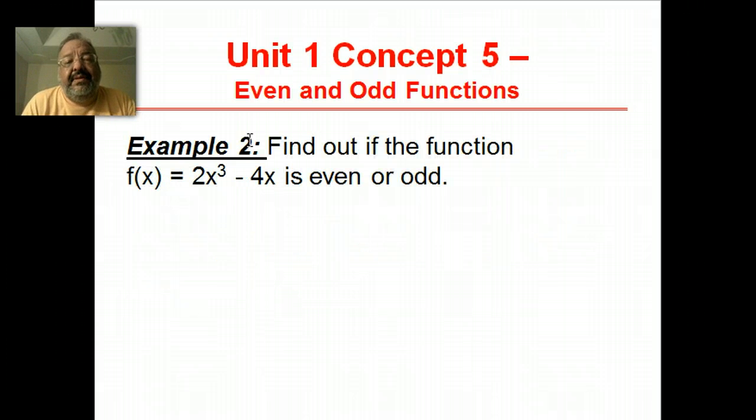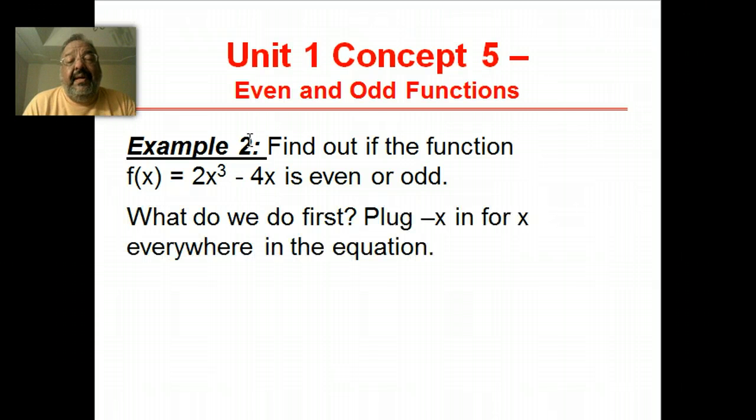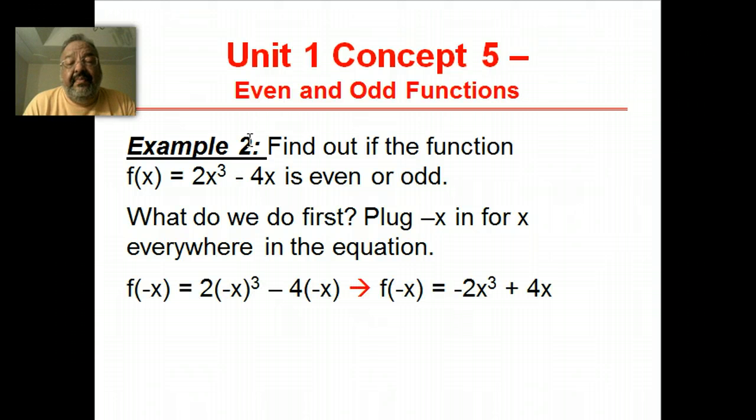For example 2, find out if the function f of x equals 2x cubed minus 4x is even or odd. Well, I'm going to do the exact same thing. Everywhere I see an x, I'm going to plug in negative x. So here it is. I plug it all in and simplify it.